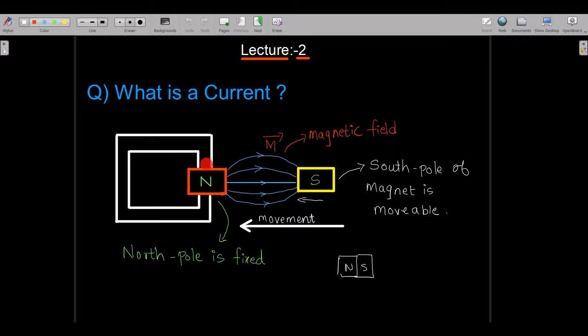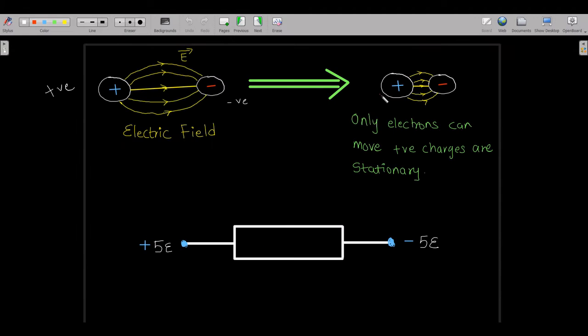Since our north pole was not movable, but our south pole was movable in any random direction. Similarly here, our electrons, or basically the negative charge, as I used the term electrons in the earlier lecture, that means lecture 1, can move anywhere, but this positive charge is stationary. So that's what I wanted to tell you from this particular concept by comparing both.